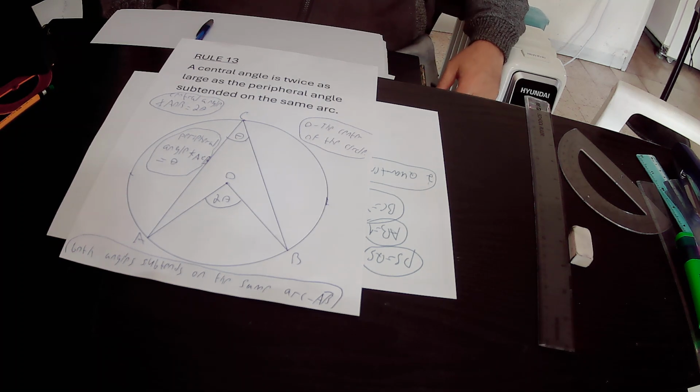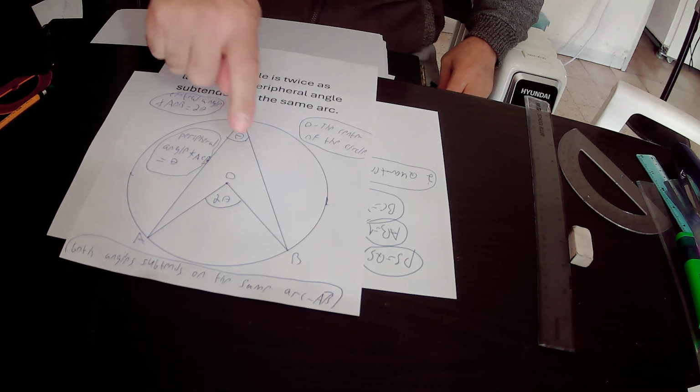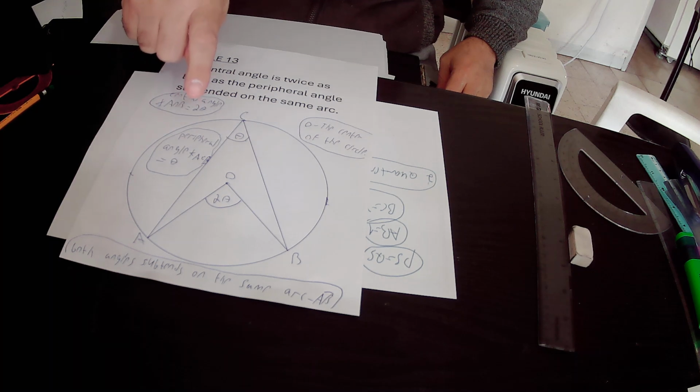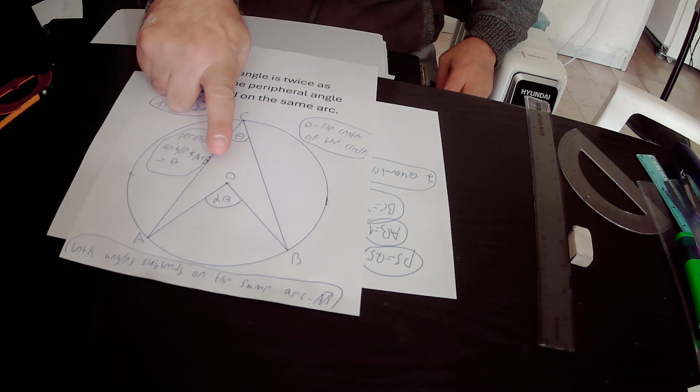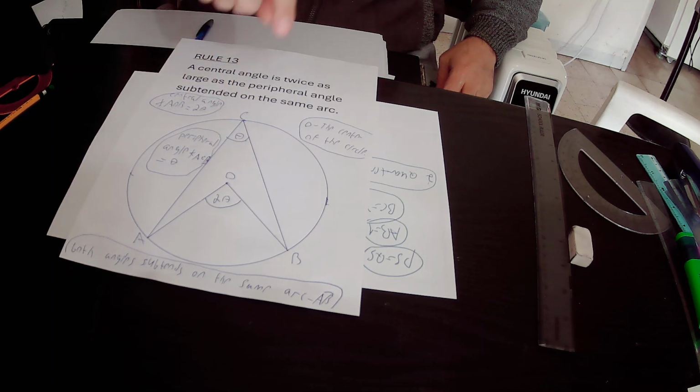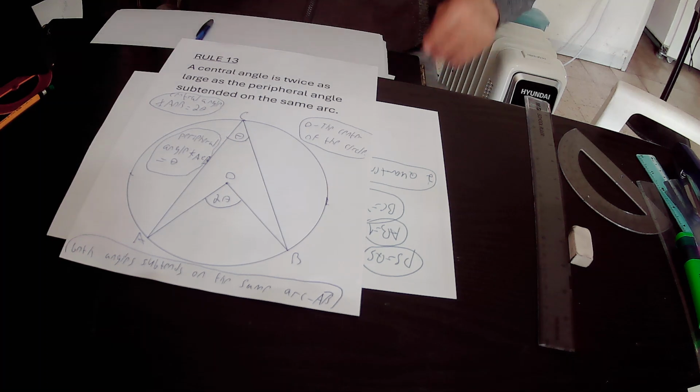And for that reason, the central angle AOB that is subtended on the same arc as the peripheral angle ACB must be twice as large as the peripheral angle subtended on the same arc.